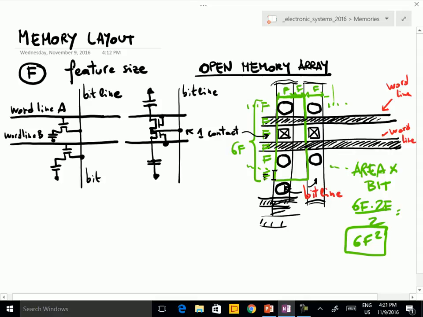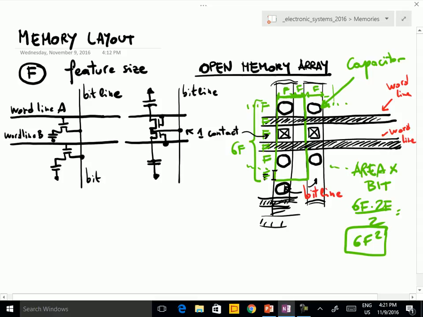The hard part, as you can probably imagine, is having the capacitor, which is completely vertical. So we have to dedicate some time to discuss how this capacitor is made. But this is the capacitor. So you can recognize here the gate.